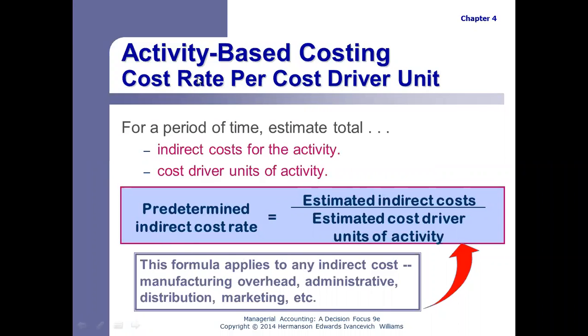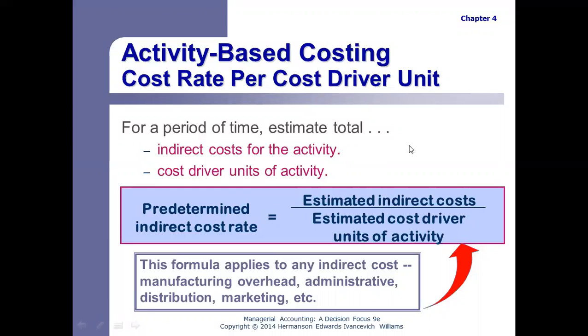So cost per cost driver unit. It's a predetermined cost rate. So for a period of time, you have to estimate the cost for that activity, the indirect costs. These are overhead costs for that activity, because remember, direct labor is easy to measure.